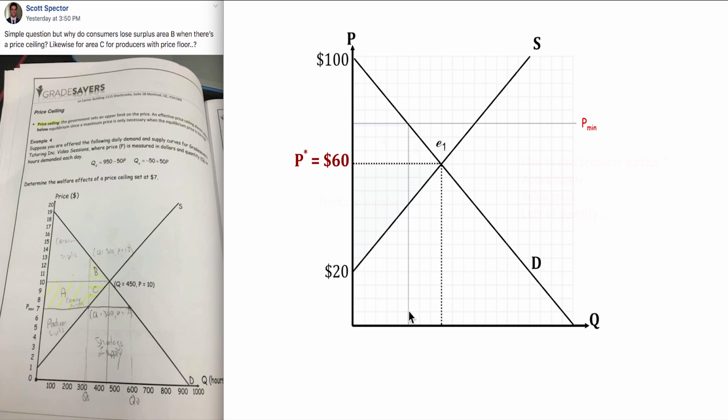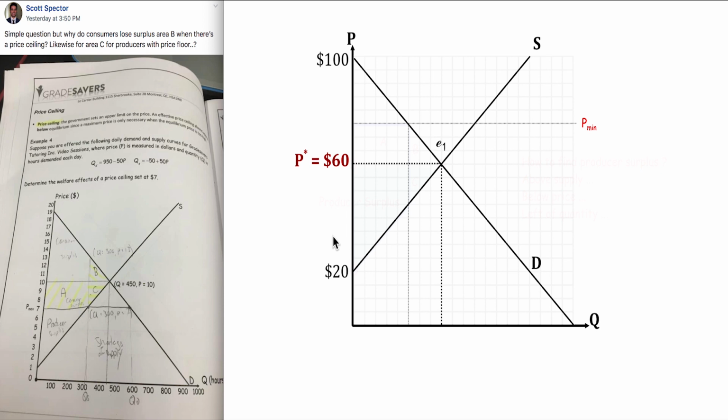The producer surplus is a measure of the benefit that sellers get by being able to charge more than what they're willing to accept. So for example, the producer surplus for the first seller who's willing to charge 20 is simply going to be 60 minus 20. So this first seller is able to charge 40 more than what they're willing to accept, so that would be the surplus for that seller.